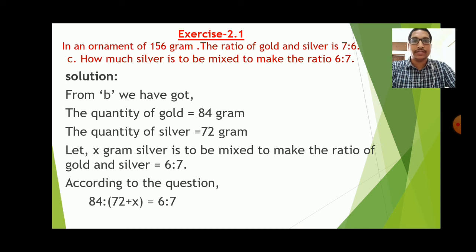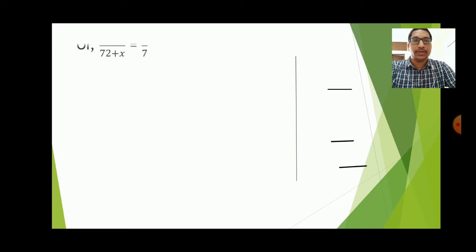So the left side's antecedent is 84 and subsequent is 72 plus x, and the right side's antecedent is 6 and subsequent is 7. So we can write in this way. Here numerator 84 divided by 72 plus x equal to 6 by 7. Okay, now we will solve this equation.